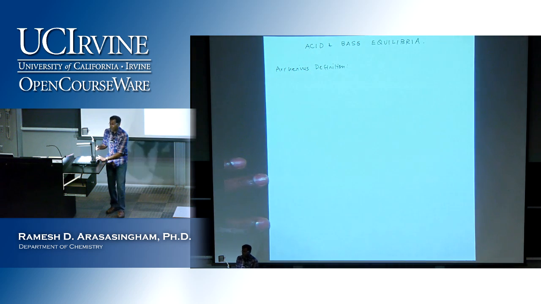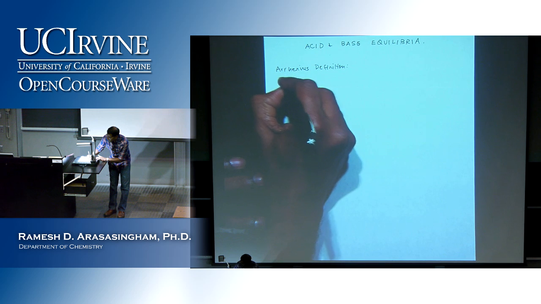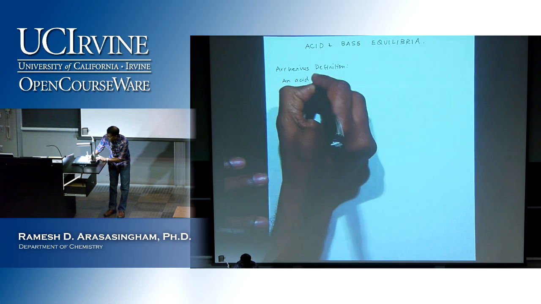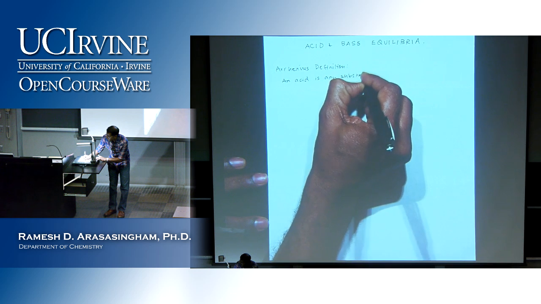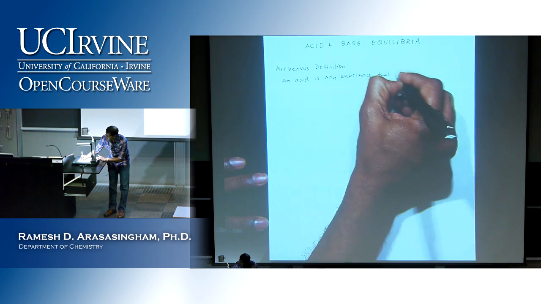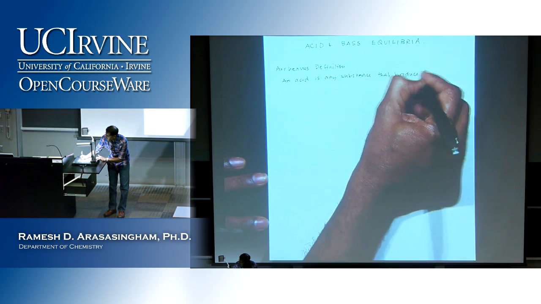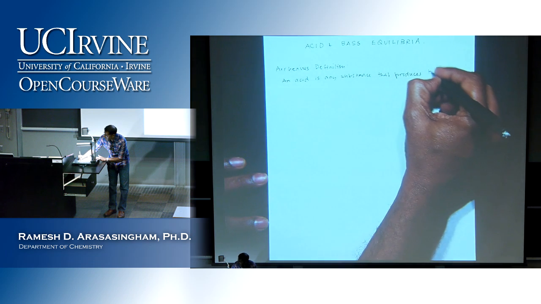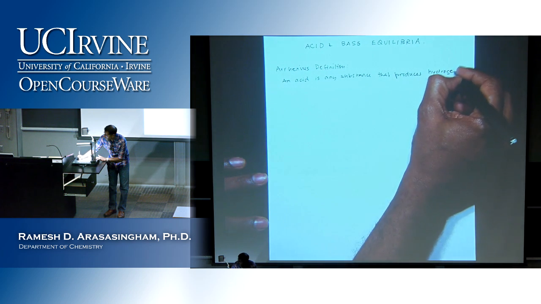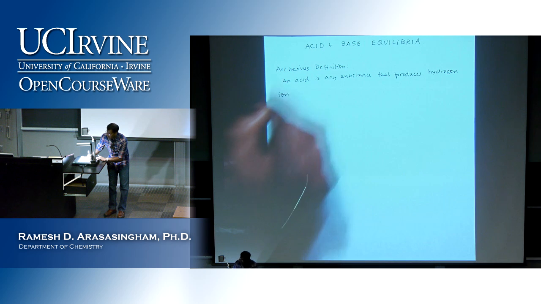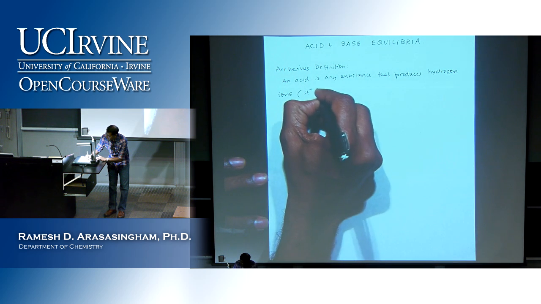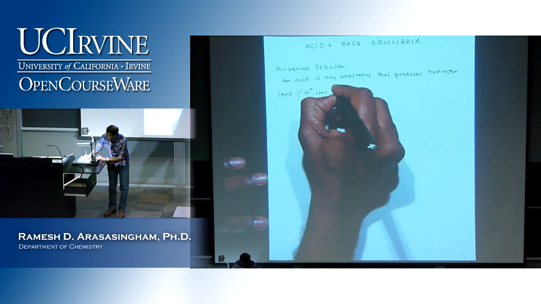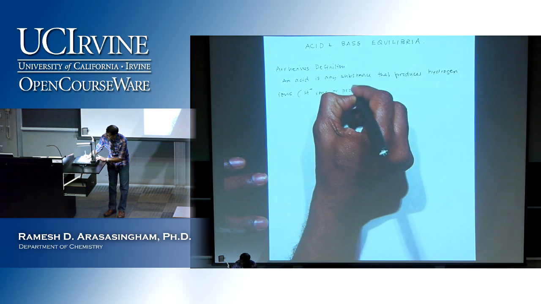And what Arrhenius said was an acid is any substance that produces hydrogen ions. All right, and hydrogen ions, as all of you know, are H+ ions, or we also call them protons.